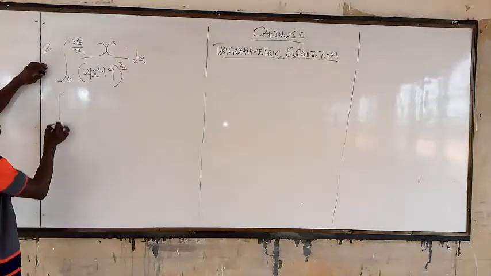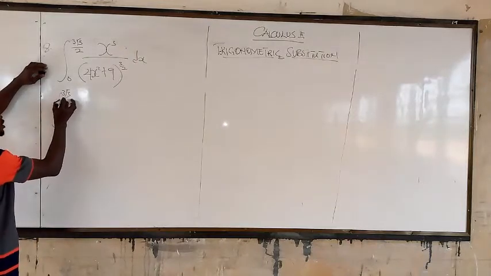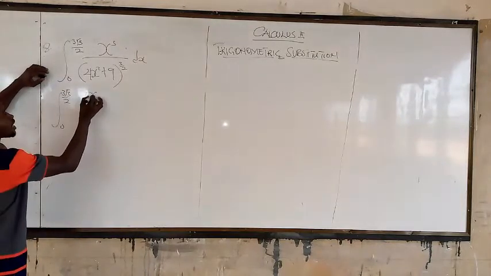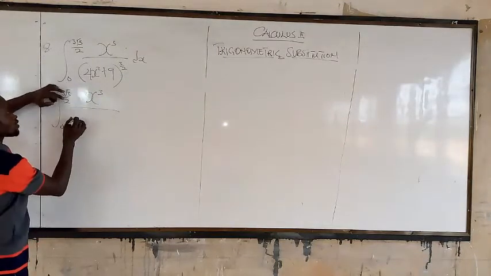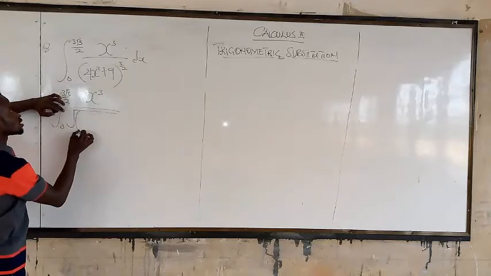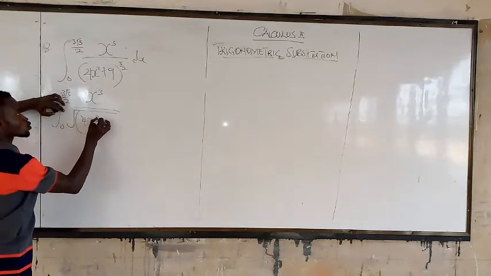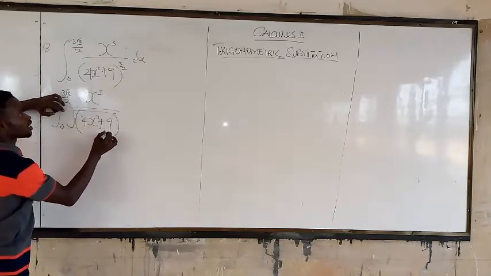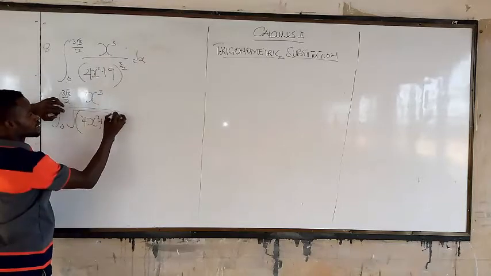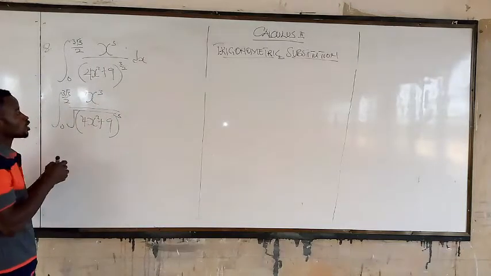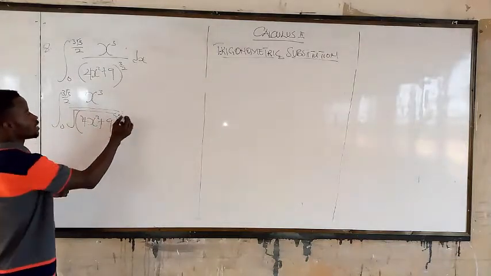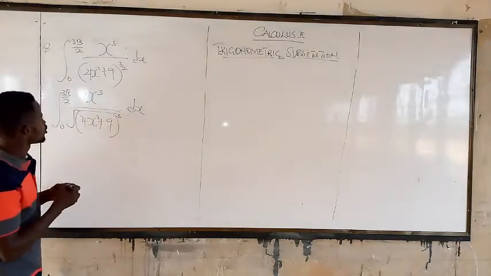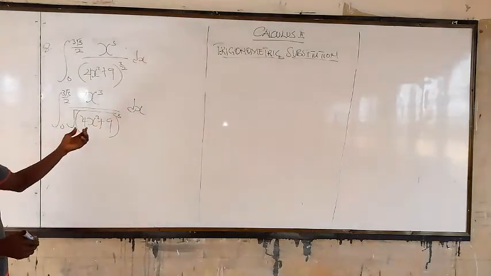We know that here, 0 to 3 square root of 3 over 2, x to the power 3 over, now with this, we can write this as 4x squared plus 9 all to the power what? 3. Alright? Because this can give us this. Then we get ds.